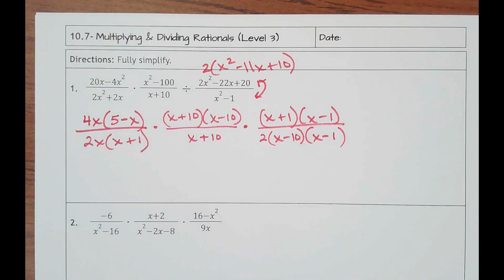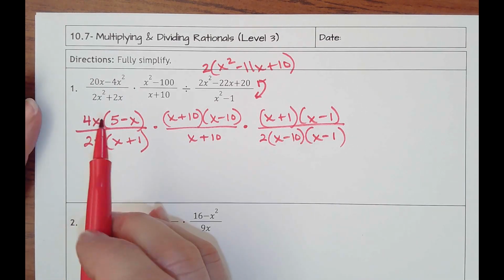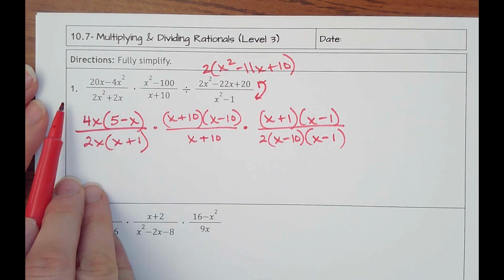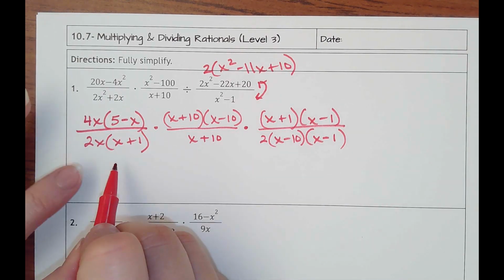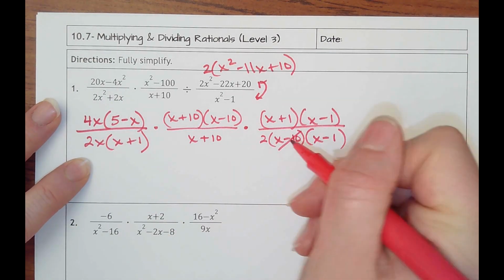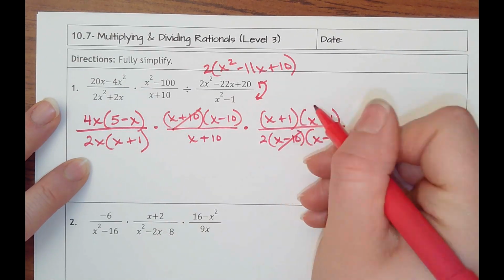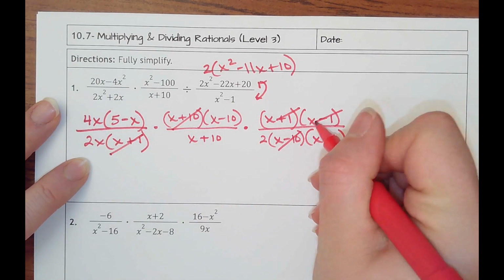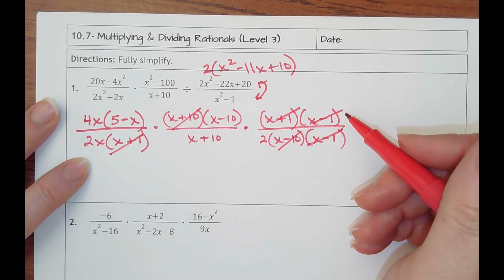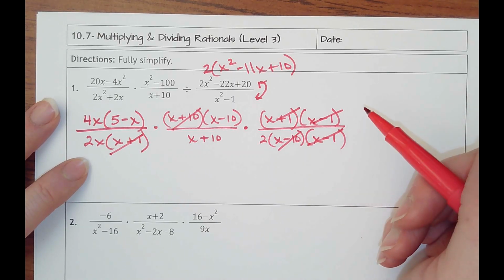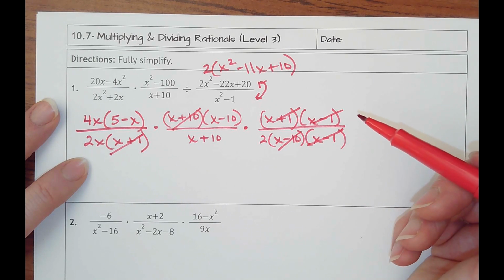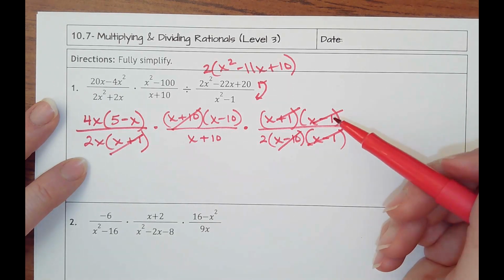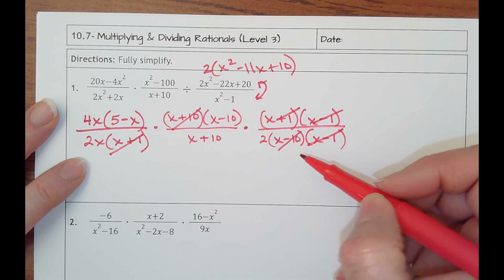Okay, so the fun part of canceling, just want to make sure I didn't mess up. Okay, x plus 10s, x plus 1s, x minus 1. So again, anything top to bottom can cancel. Did I cancel the wrong thing? Yeah, that's an x minus 10.